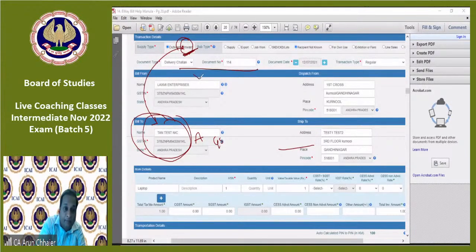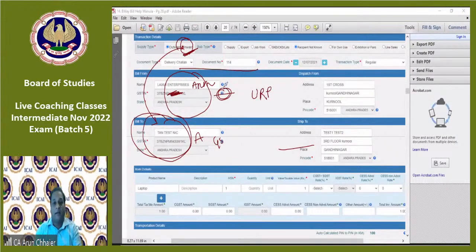Now in this part, let's say the supplier is Arun, but he is not registered. So here he will write simply URP. If you click on this question mark, the e-way bill portal, once you log into the e-way bill portal, if the party is registered, then write the GST number, whether it is a supplier or customer.